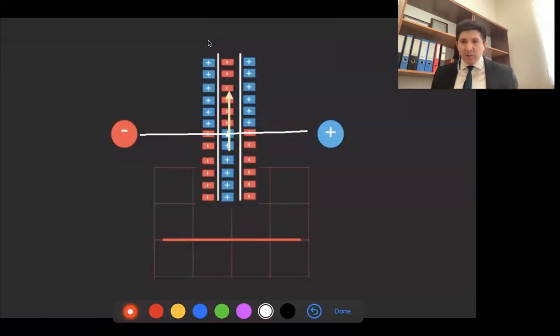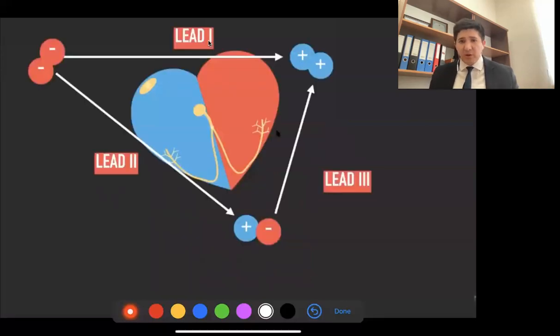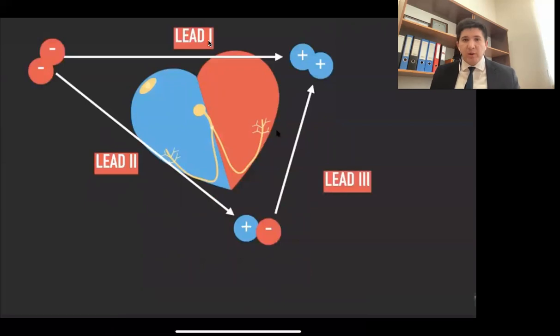So this is the reason why we are going to have leads in different directions, not just one lead. We're going to measure the electric conduction of the heart not just with one lead. We're going to measure this with 3 leads.